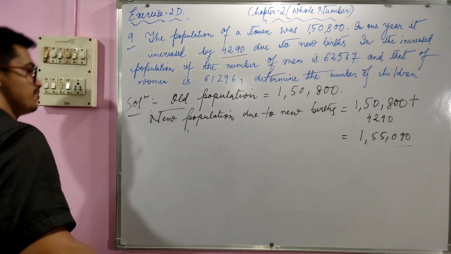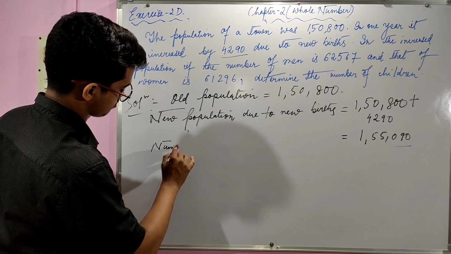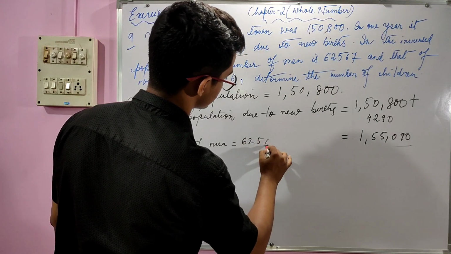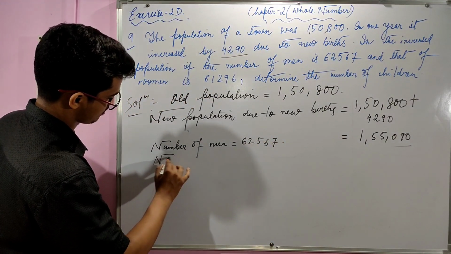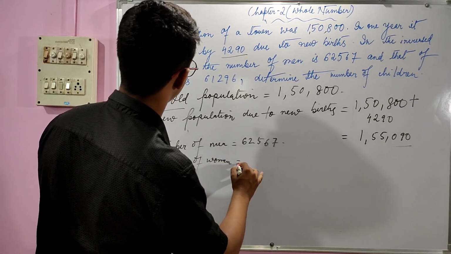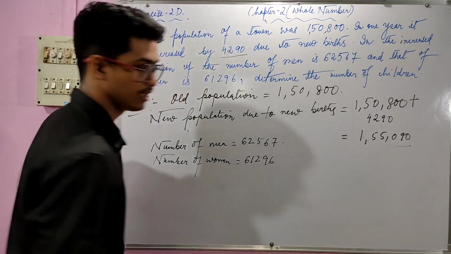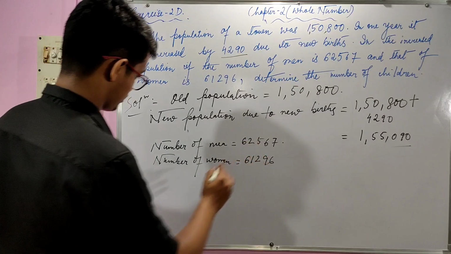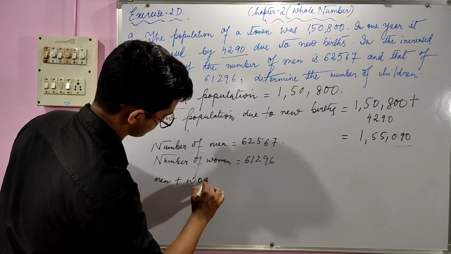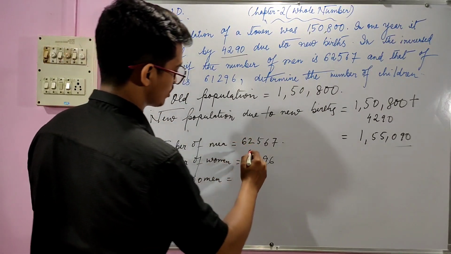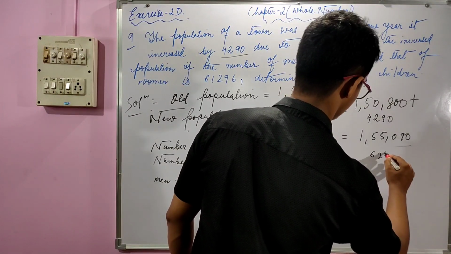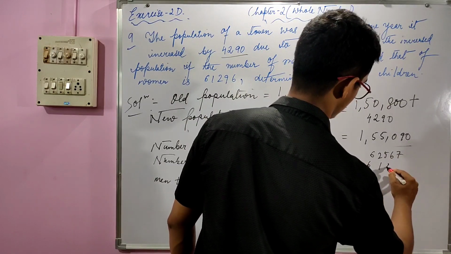Now the number of men is equal to 62,567, and the number of women was 61,296. Now men plus women equals how much? 62,567 plus 61,296.